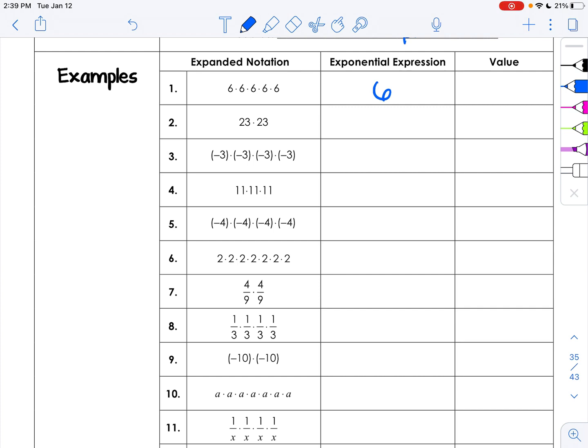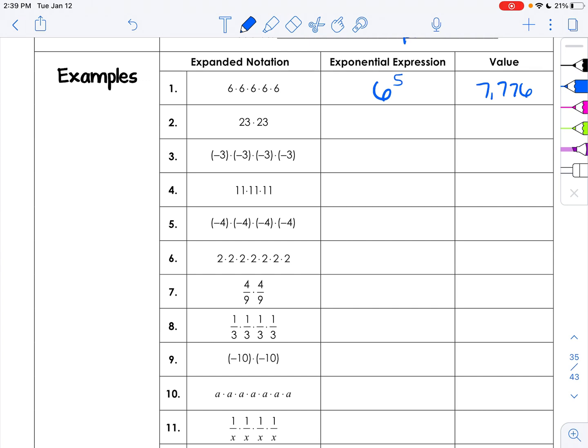And in this particular example, we're multiplying it 1, 2, 3, 4, 5 times. So 5 is my exponent. So 6 times 6 times 6 times 6 times 6 can be written as 6 to the 5th power. And if we were to multiply that out, we would get 7,776.